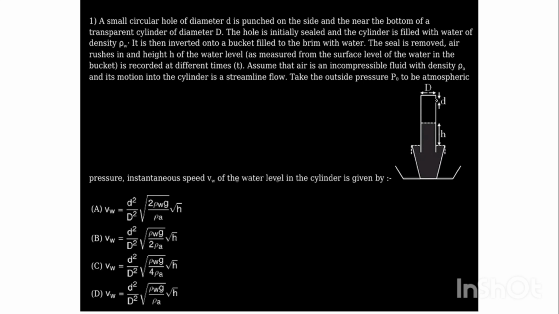Now this small hole was opened, the finger was removed. So what happens? The air rushes in, isn't it? Air will start rushing and this water starts falling down. So we have to find the velocity by which this water surface goes down.